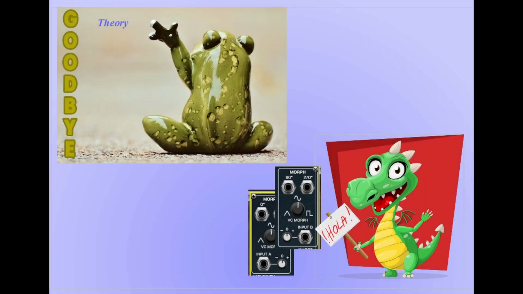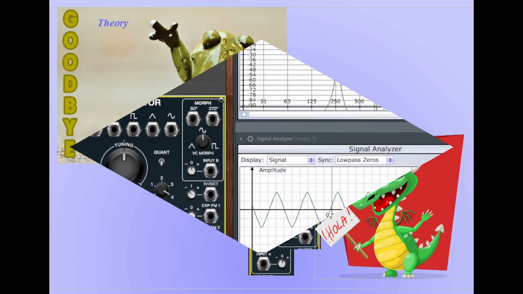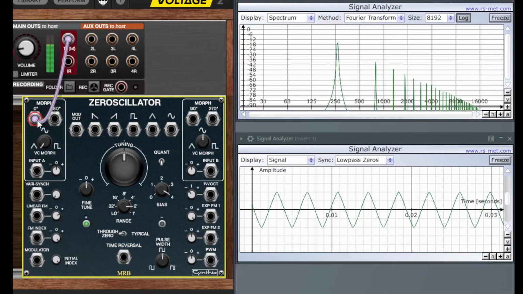All right. Let's say goodbye to theory again and hello to the morph functionality of the Zeroscillator now. Each of the two morph sections offers triangle, sine, or square wave shapes and anything between these shapes.